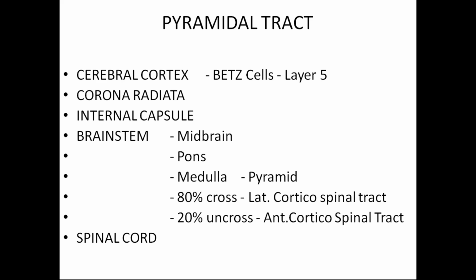The brainstem includes the midbrain, pons, and medulla, and as we discussed, at the medulla it forms the pyramid. Then 80% of the lateral corticospinal tract gets crossed, and 20% does not cross and becomes the anterior corticospinal tract, the uncrossed fibers, and then passes through the spinal cord. This is how the tract goes.